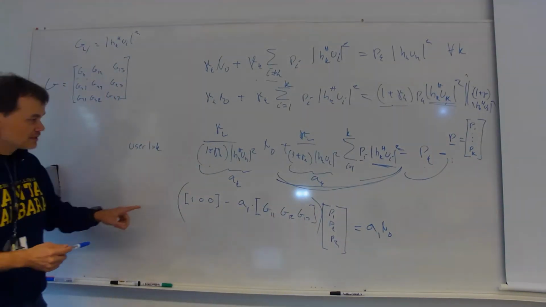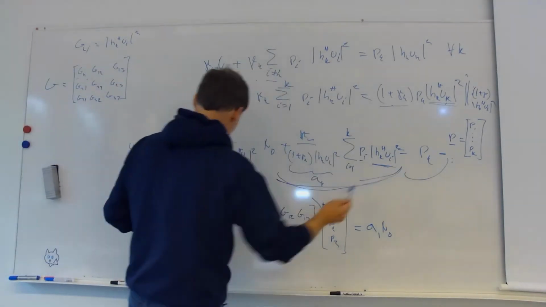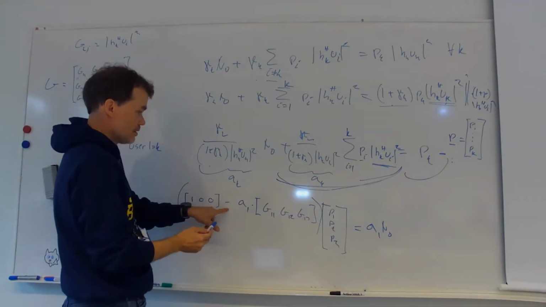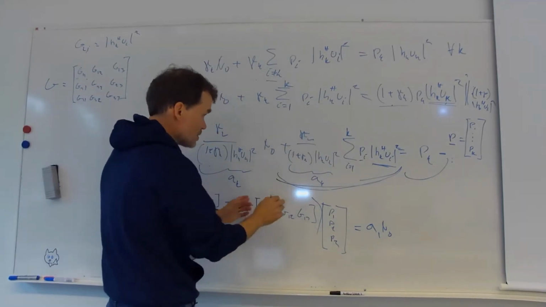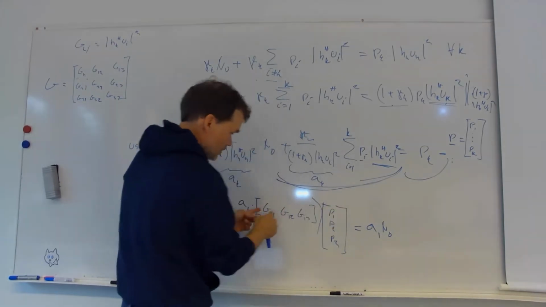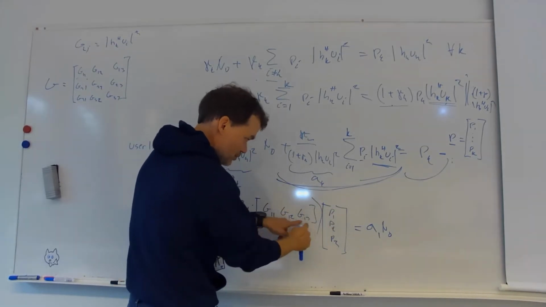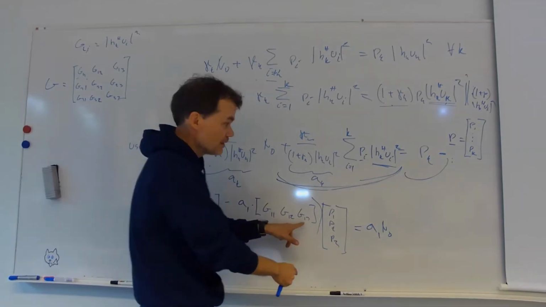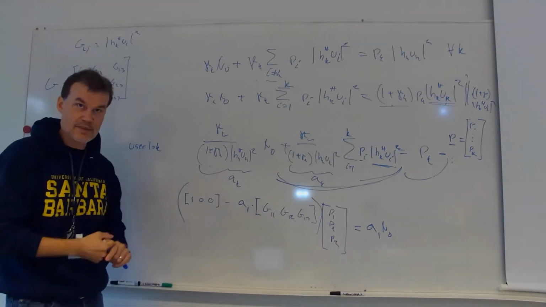Everybody can see this? So p_1 minus a_1 times the sum of G11 times p_1 plus G12 times p_2 plus G13 times p_3 equals a_1 times N0. They are the same, okay?